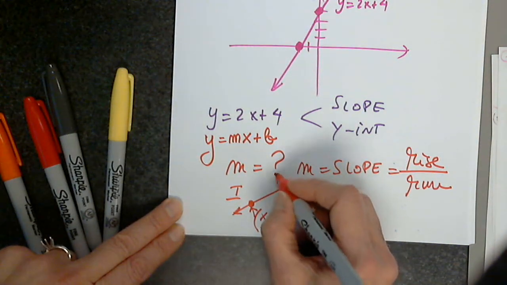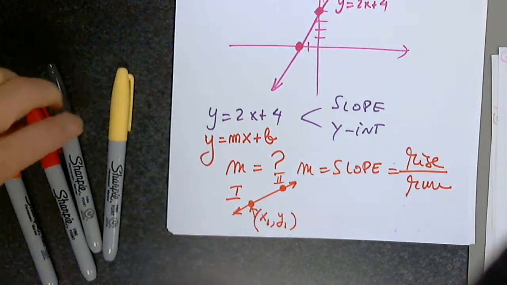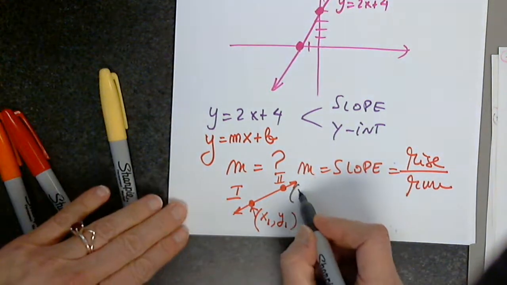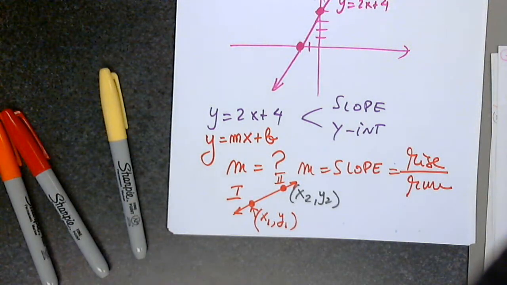How do you think I am going to denote the second point? Right, because it's my second point, right? So x2 comma y2.